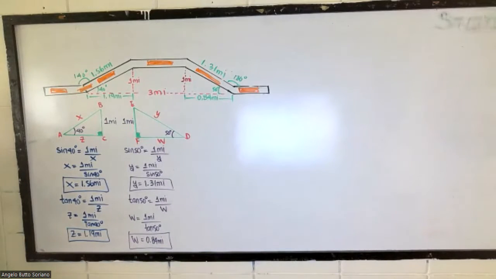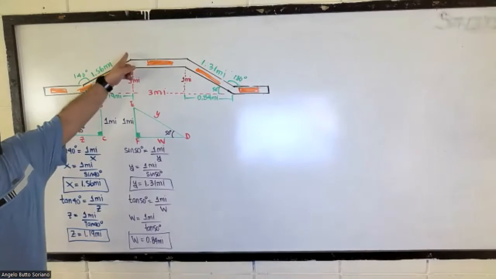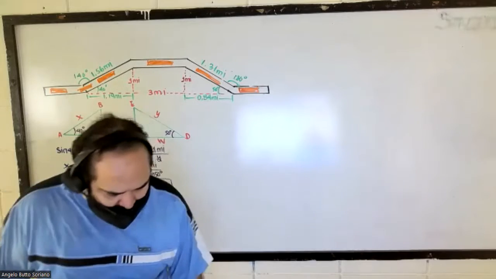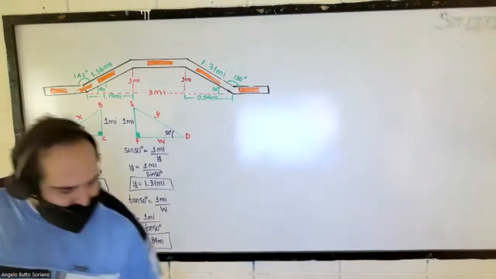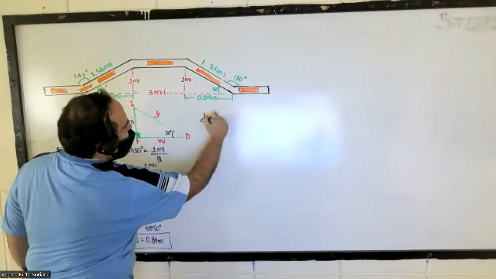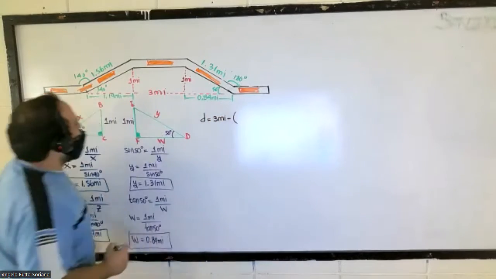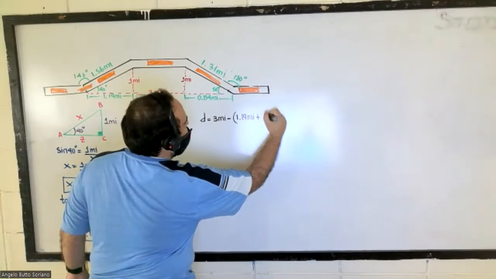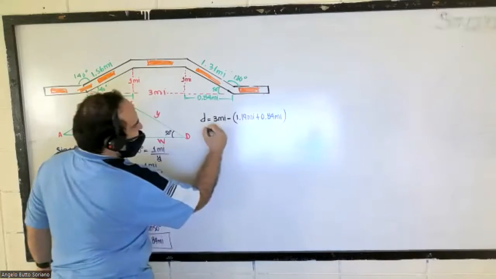The question is, how can we obtain the middle distance between them? It's simple. Let's call this one D, the distance. This distance D, the displacement, can be obtained by subtracting from 3 miles the addition of 1.19 miles plus 0.84 miles.